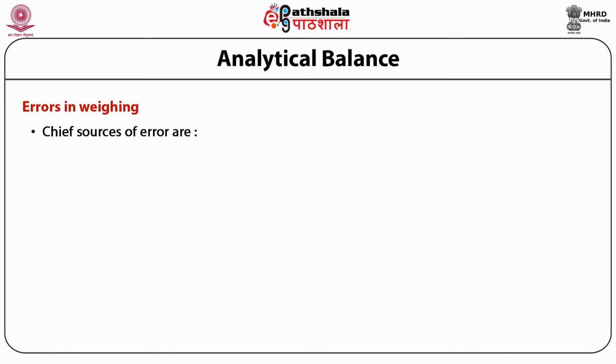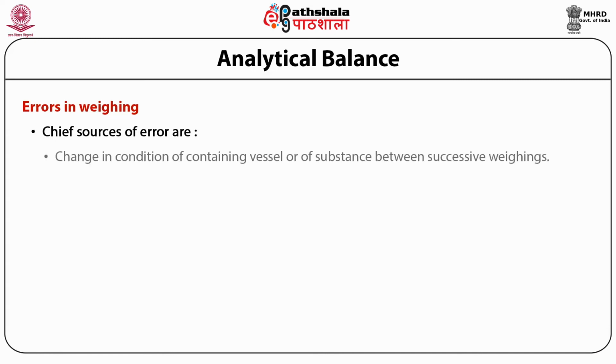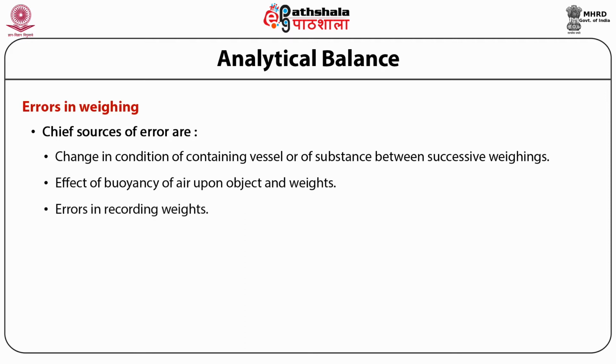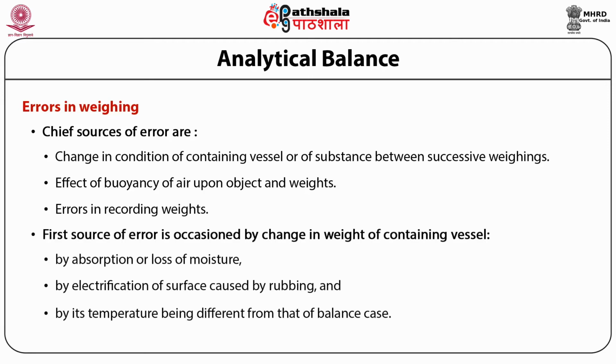The chief sources of error are the following: change in the condition of the containing vessel or of the substance between successive weighings, effect of the buoyancy of the air upon the object and the weight, errors in recording the weight. The first source of error is occasioned by the change in weight of the containing vessel.